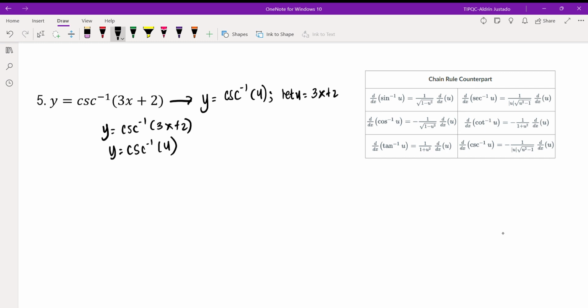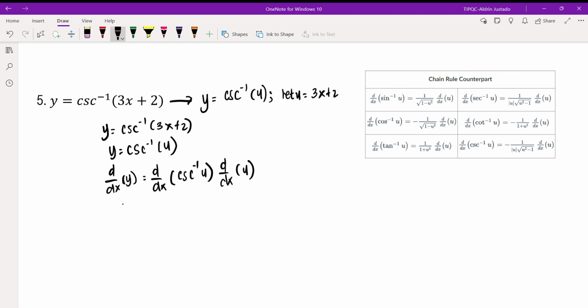Okay? So, differentiate both side of equation with respect to x. D over dx of y equal to d over dx of arc cosecant of u times derivative of your u.